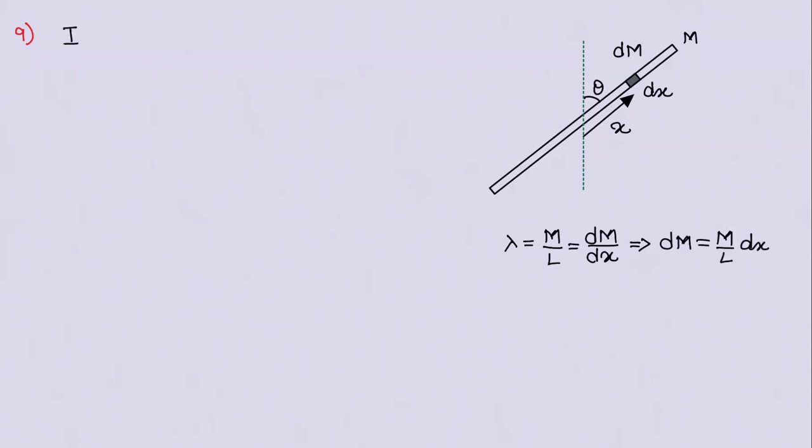Moment of inertia I is equal to integral r square dm, where r is the perpendicular distance. Observe here, x is not the perpendicular distance. Perpendicular distance means this distance, right? Anyone who can tell me how to calculate that perpendicular distance? Zoom in.